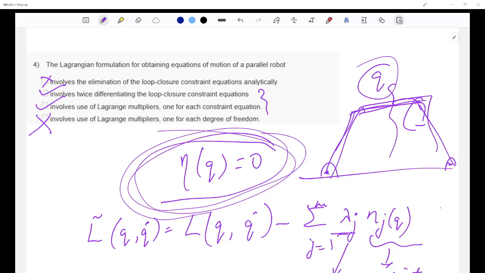Now, do you understand holonomic and non-holonomic constraints for, let's say, a car? Is a car a holonomic robot or a non-holonomic robot? Holonomic. Car is a holonomic robot. Why? Why would you say that?